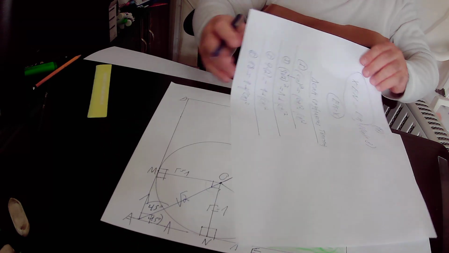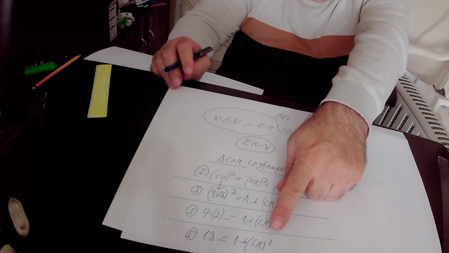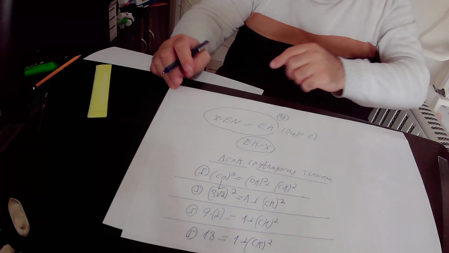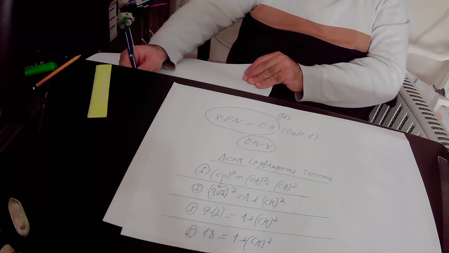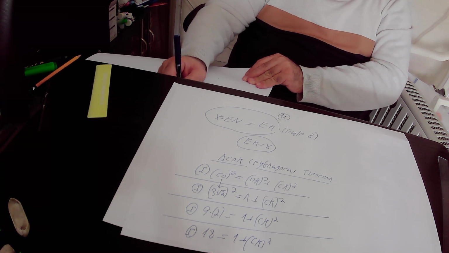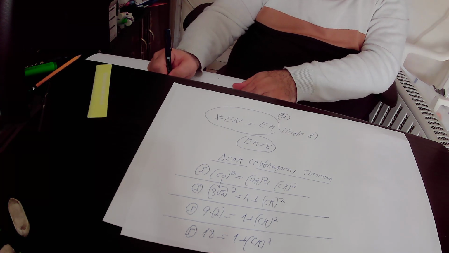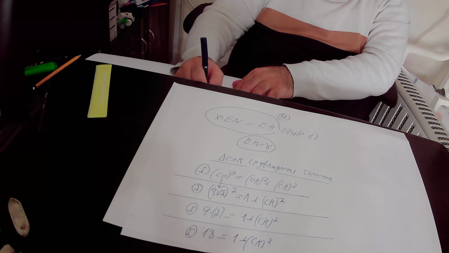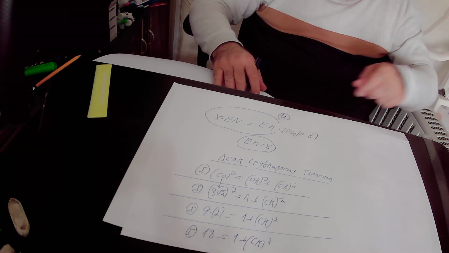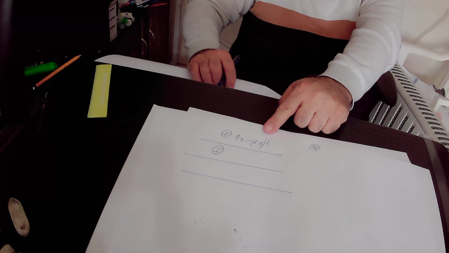Here we will subtract 1 from this equation number 1, and we will get 18 minus 1 is 17. So 17 equals CK squared.